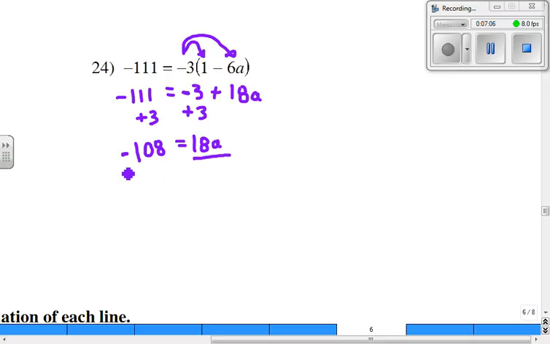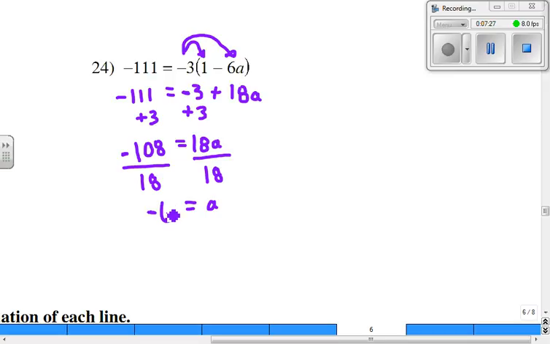Okay, now I need to divide both sides by the coefficient of a. Well, how many times does 18 go into negative 108? Goes in there negative 6 times.